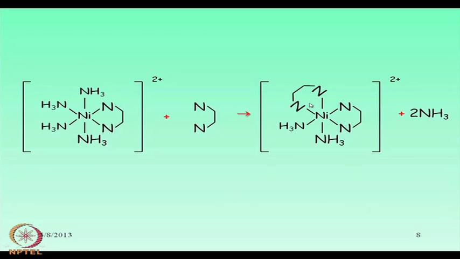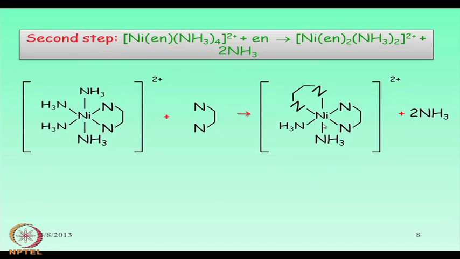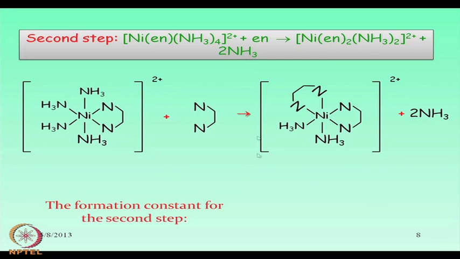So, the second chelate ring is also attaching to the molecule, and we can write this particular equilibrium. We can break the entire reaction by utilizing the reaction for Ni(en)(NH3)4 2+ plus en, giving rise to Ni(en)2(NH3)2 2+ plus 2 NH3 molecules which were present.